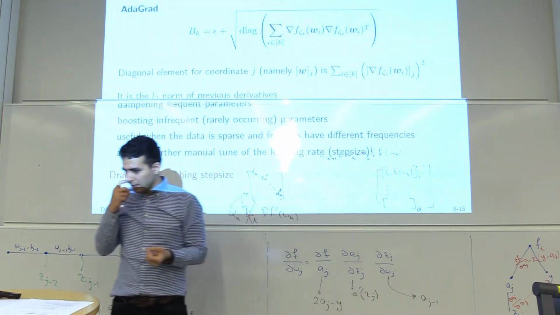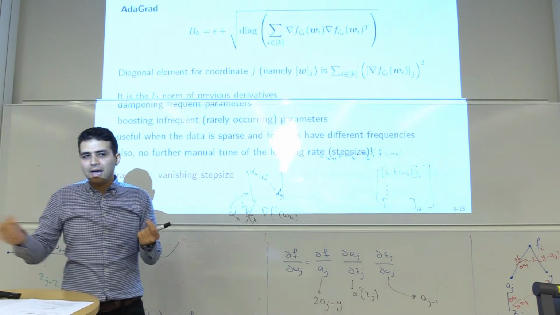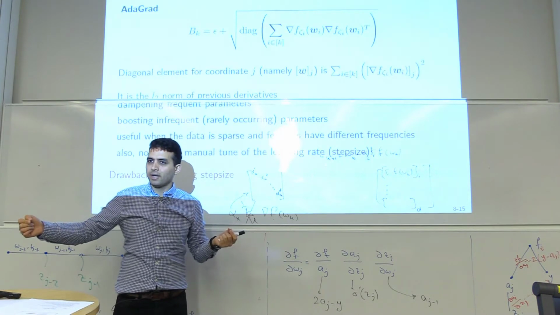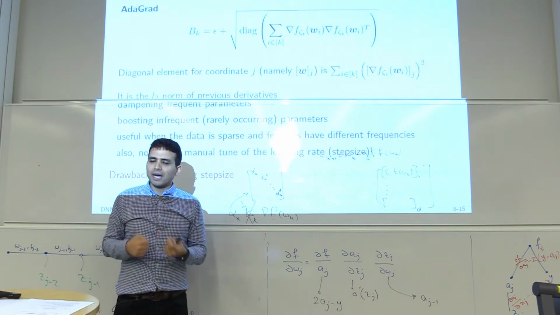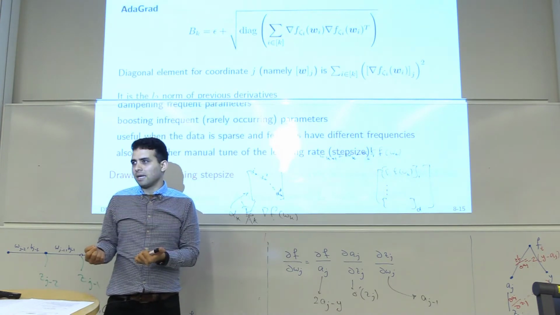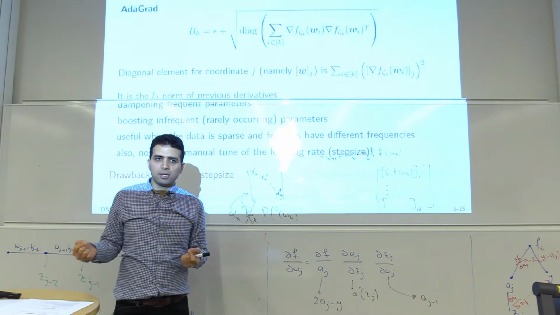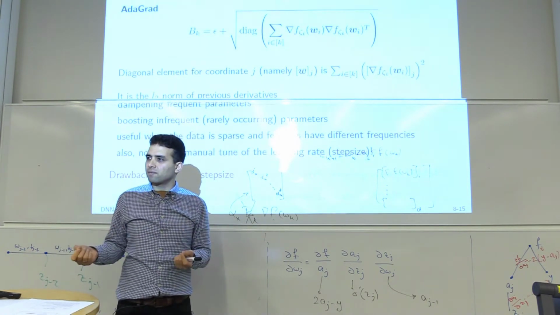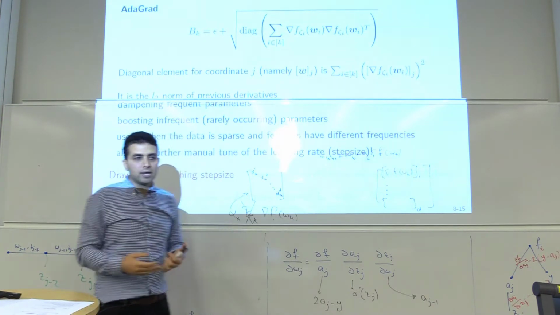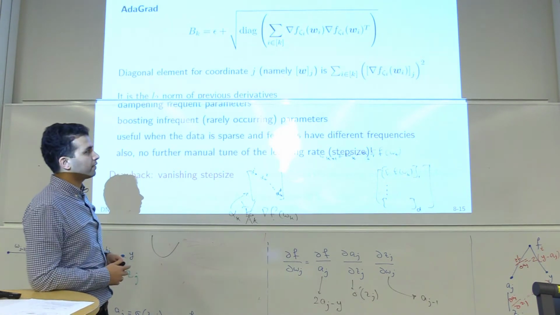If parameter 1, so coordinate 1, has high values for the gradients in the first 1,000 iterations, then we had a lot of good progress in that coordinate, so we can dampen alpha for that coordinate. But if some coordinates are very small in lots of iterations, we didn't have good progress in those coordinates, so we need to increase alpha for them somehow. Either increase alpha or at least don't decrease alpha. This is what you can do.